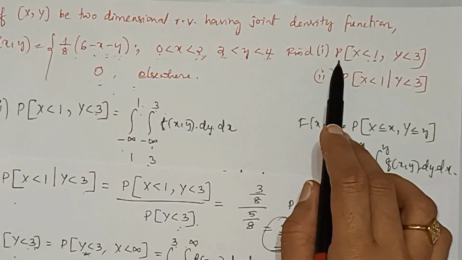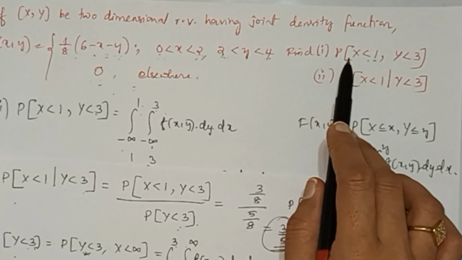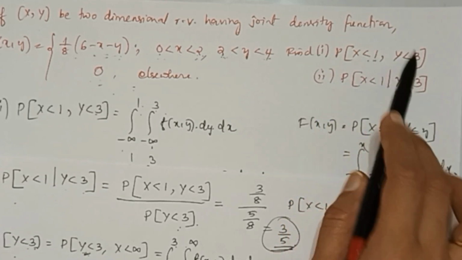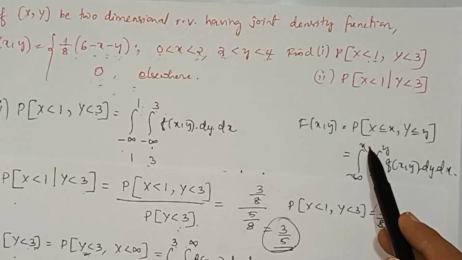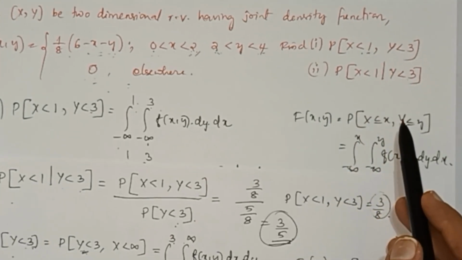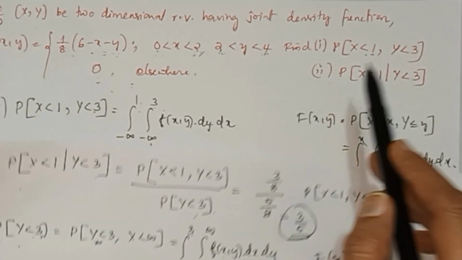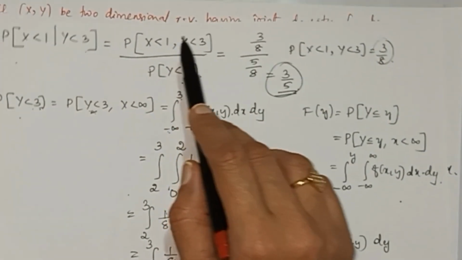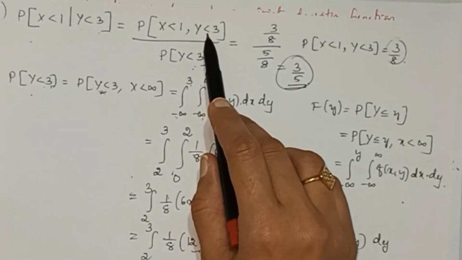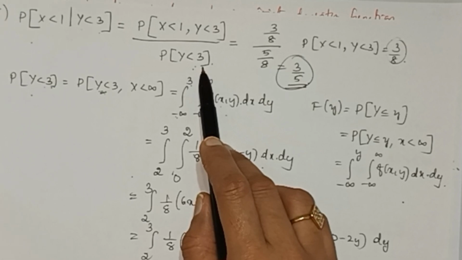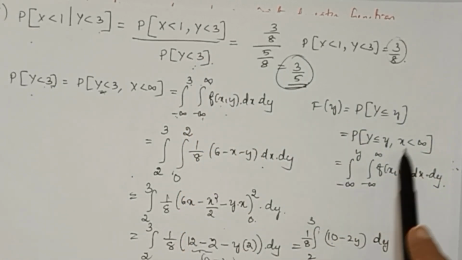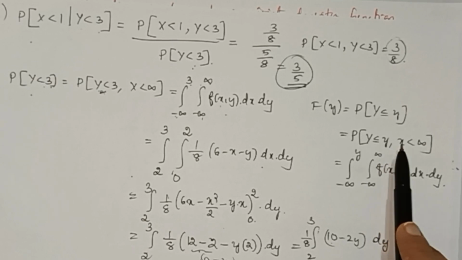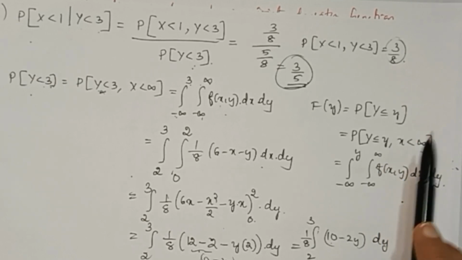So they have not asked here to find the distribution function. It is understood that whenever it is given in this way, we have to make use of the definition of a joint distribution function. Similarly, in the second one, the numerator is the joint distribution function, the denominator is the marginal distribution function. Here we make use of the marginal distribution function of y, its definition.